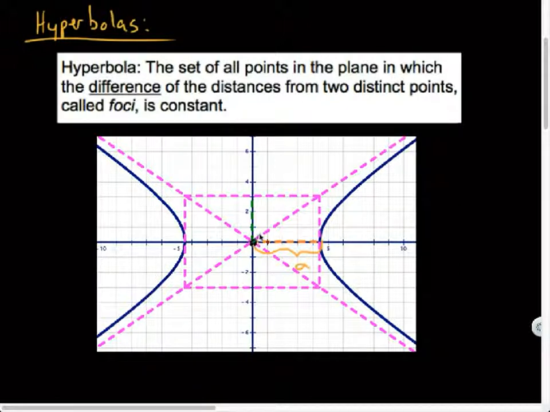B units will be this amount, all right? Which doesn't actually go to a point on the graph, all right? So B units up, B units down gives me these locations, which I use to determine another fact. So for instance, notice I've got this little box drawn around this.